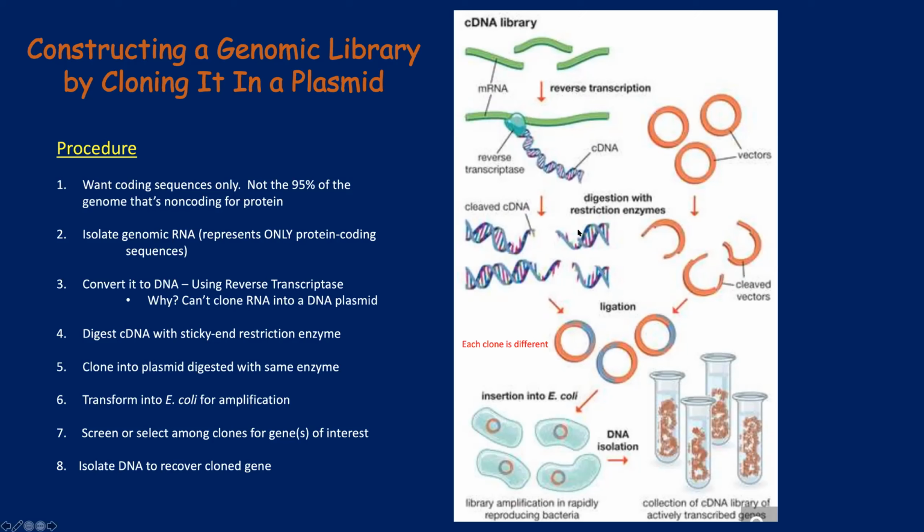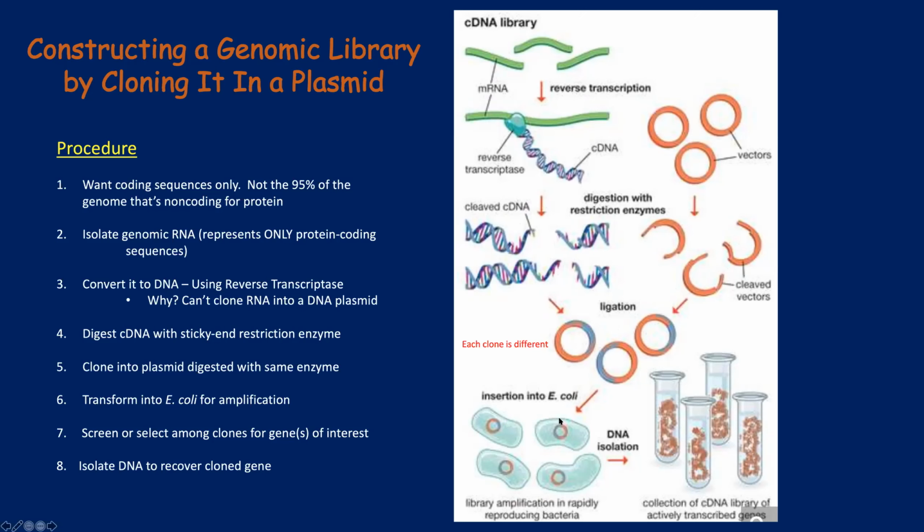You cut it with a restriction enzyme, and you cut a vector with the same restriction enzyme. So again, this is just straightforward cloning like we saw on the previous slide. And so we end up with a series of vectors, of plasmids. Each one is a chimera, that is, each one has an insert of a piece of the target DNA, and each one is different. Each plasmid is different.